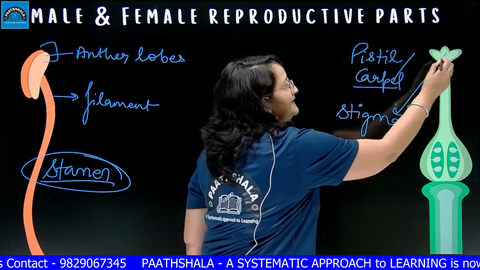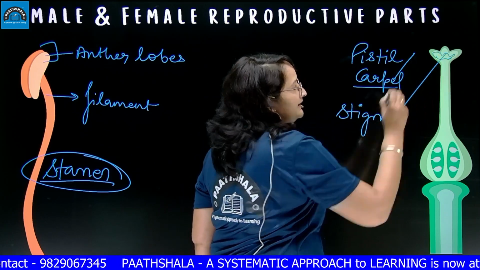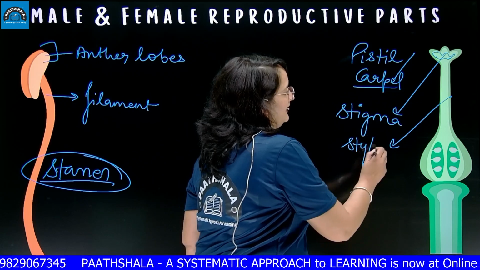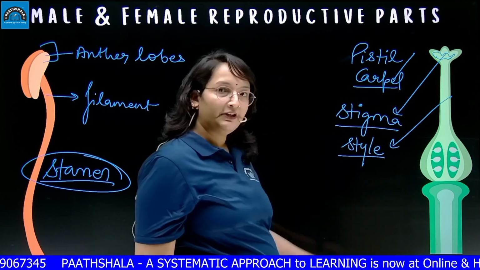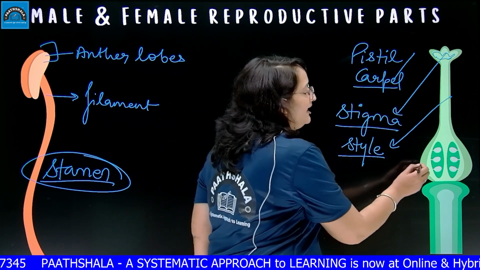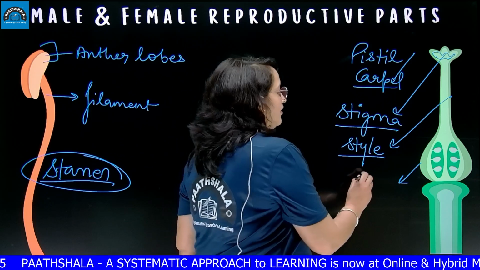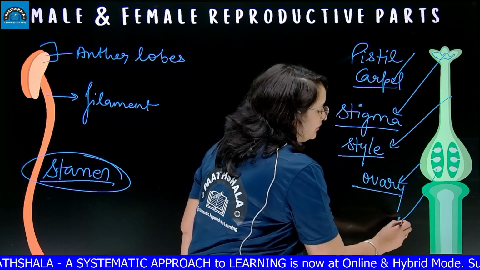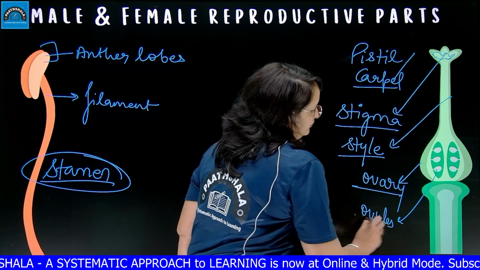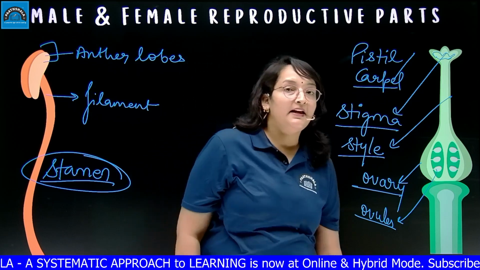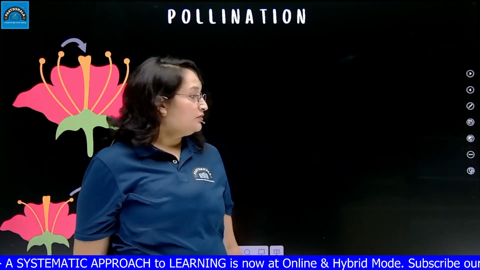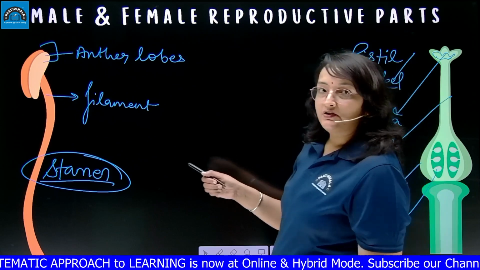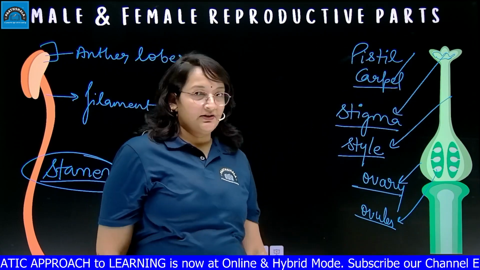The tube-like structure below stigma is called style, and this swollen base is called ovary. And these ball-like structures inside the ovary are called ovules, where the female gamete will be formed. So we have the male structure in the flower and the female structure in the flower.